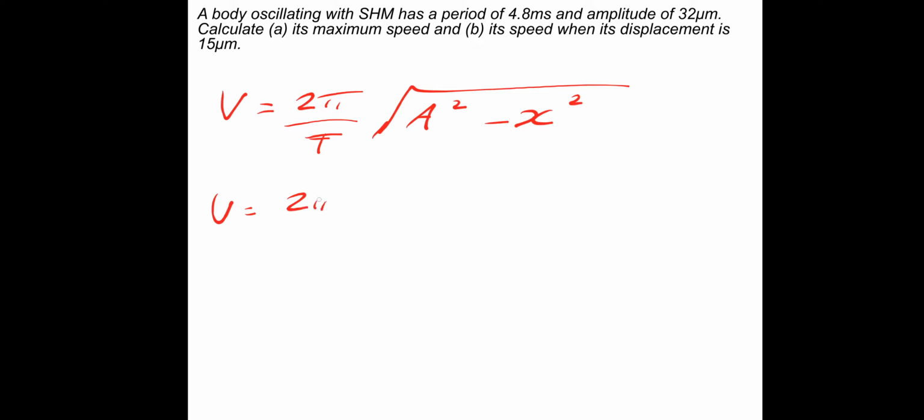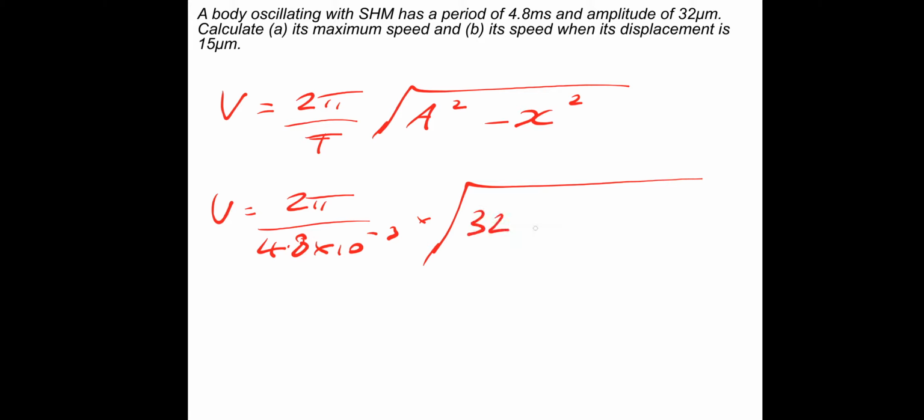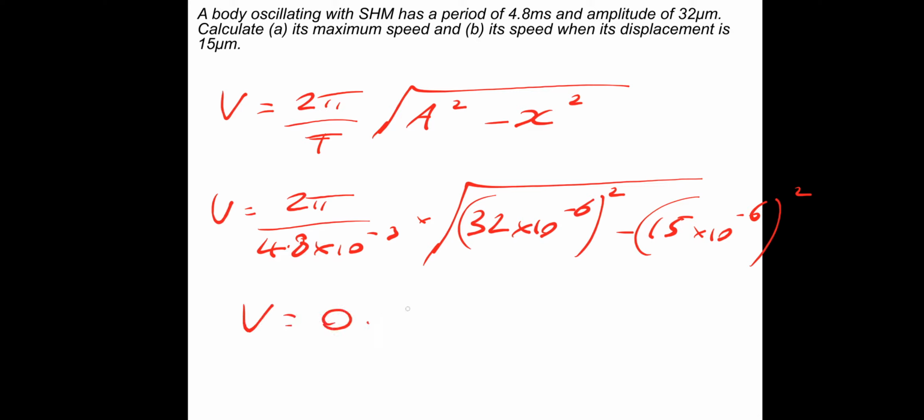So V is equal to 2 pi divided by the time period, 4.8 times 10 to the minus 3, multiplied by the square root of 32 times 10 to the minus 6 squared, minus 15 times 10 to the minus 6 squared. That will give a velocity of 0.037 meters per second. Hopefully that one went okay. Let's have a look at the next one.